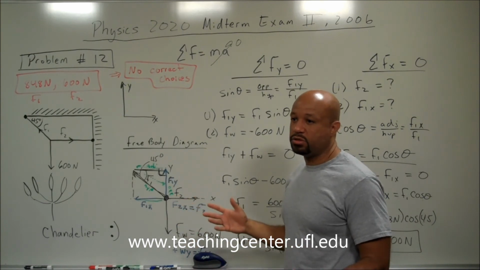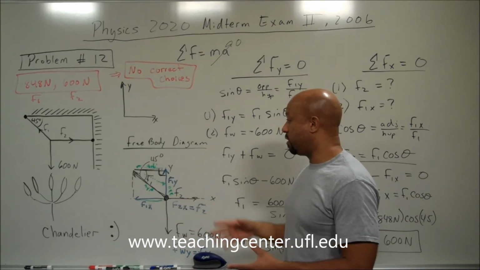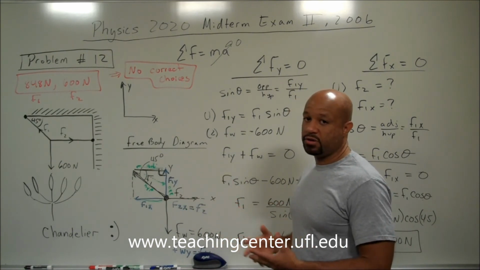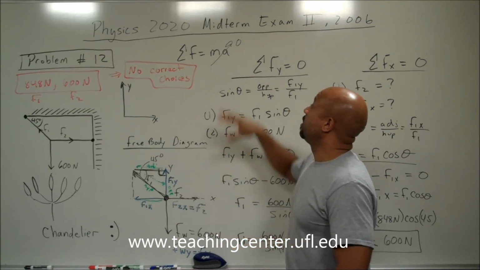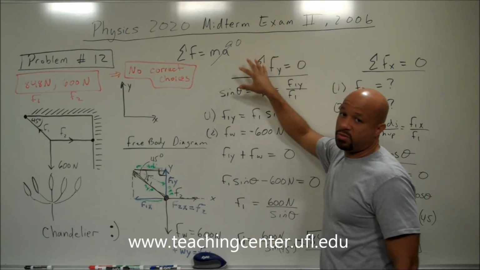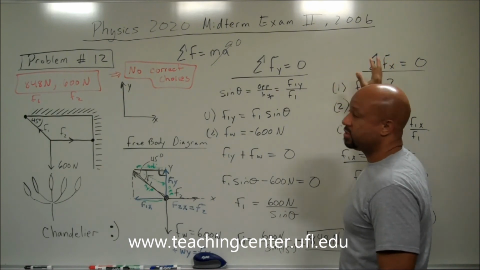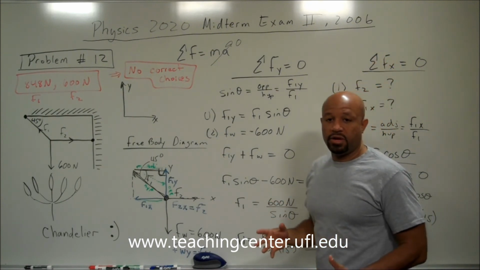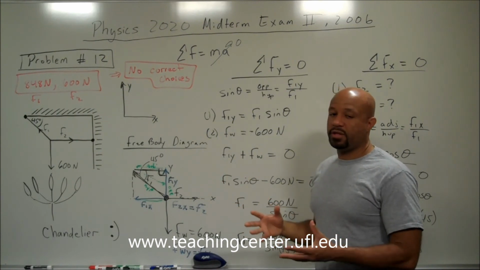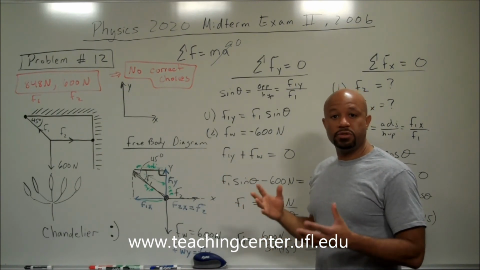You should usually do this whenever you're working with these types of problems, because the sum of the forces is equal to MA, which means the sum of the forces in the y direction and in the x direction also has to equal MA. In this case, there was no acceleration because the chandelier was stationary, so the MA term on the right hand side of the equation goes to 0.